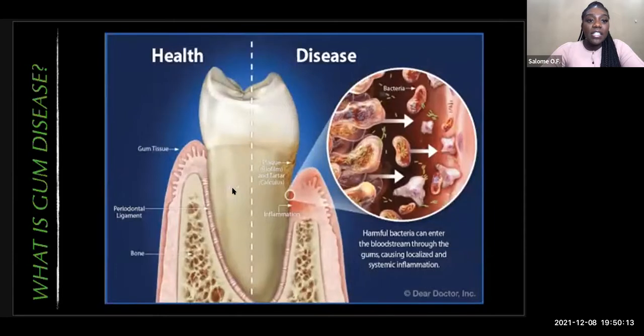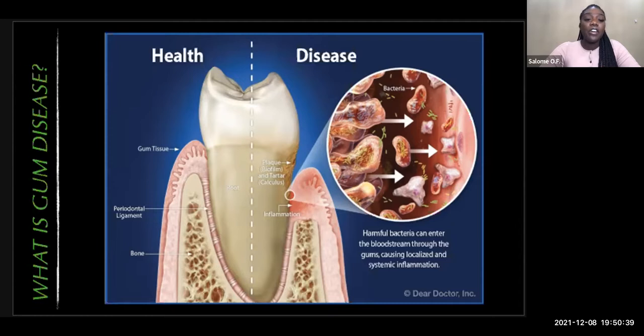But then in disease, you see that there's bacteria in this area, as you can see largely in this circle. There's plaque and tartar stuck to the tooth. All that plaque is basically food and different bacteria that has been there for a very long time. First it's plaque when it's very soft, but when it becomes very hard, that's when they call it calculus or tartar.